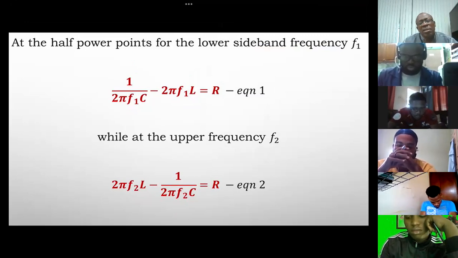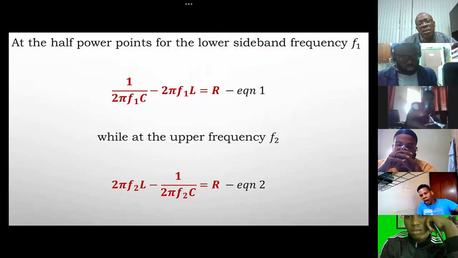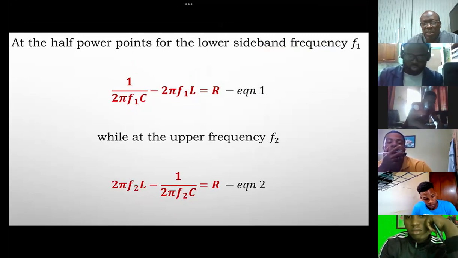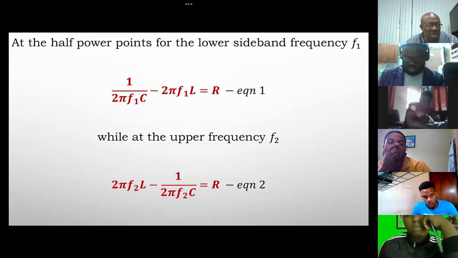So we're going to use this to our advantage. Let's just continue the analysis. Instead of writing the 2 pi F1, I'm going to write omega, not changing anything.